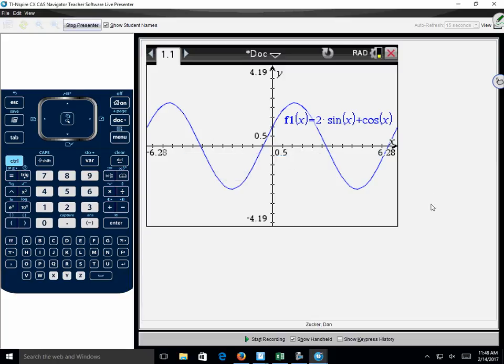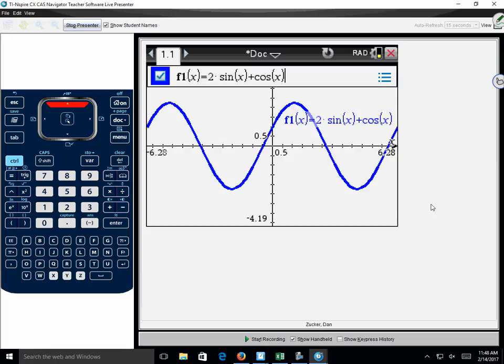Okay, so tell us about this. It said it equaled 0, so I was just able to graph it, 2 sine x plus cosine x. And it said the solutions, so I figured the solutions are probably when it intersects with the x-axis.